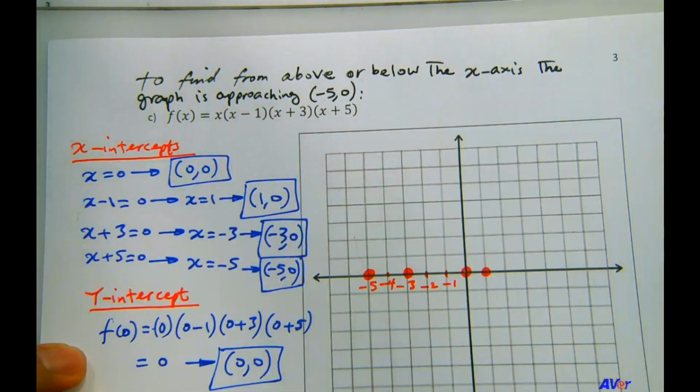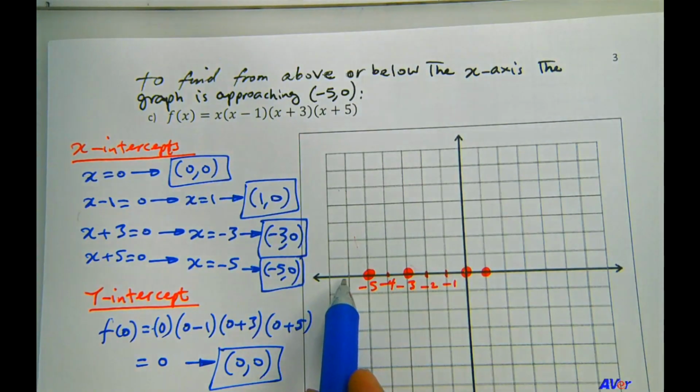To find that out, what do we do? Let's pick an x value like negative 6.